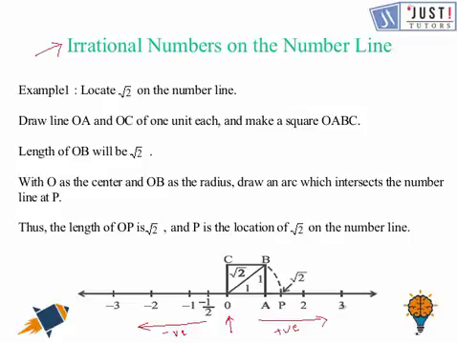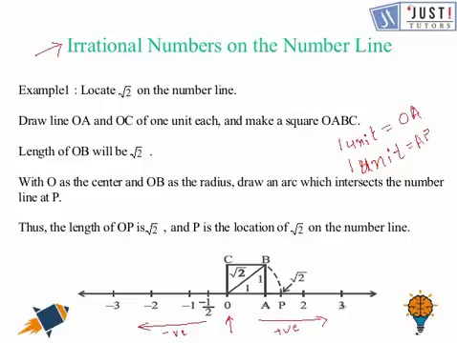Now to represent root 2, first of all, we'll draw OA of 1 unit, and then we draw AB of 1 unit again. As you can see, OA and AB are each of 1 unit.